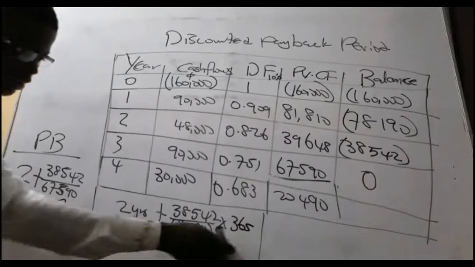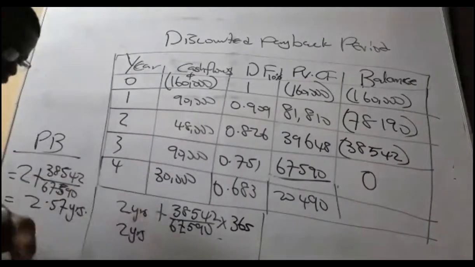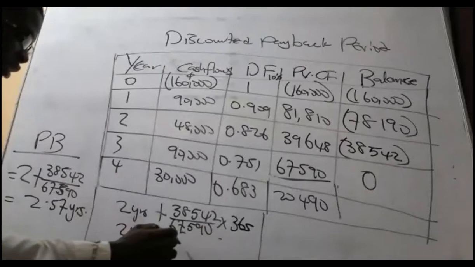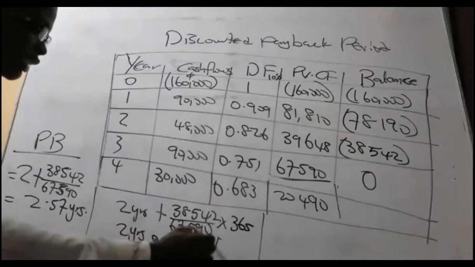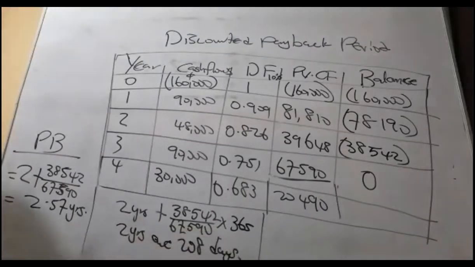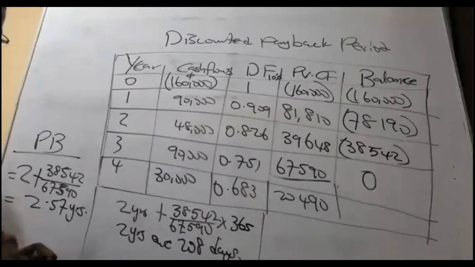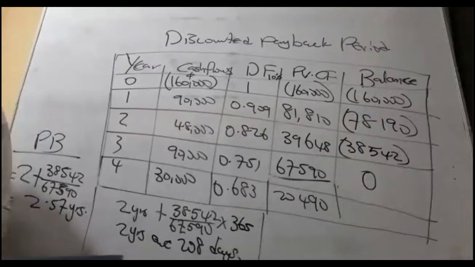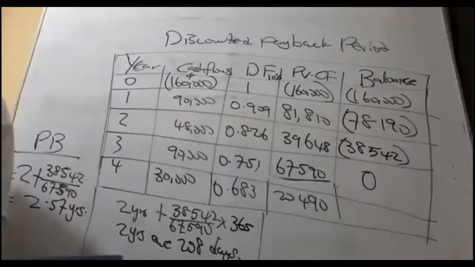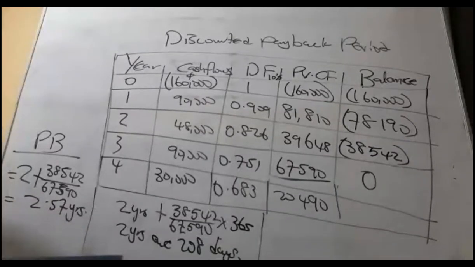So it will give us 2 full years and 208 days. Good. Received. So that is the end of the adjusted payback period.